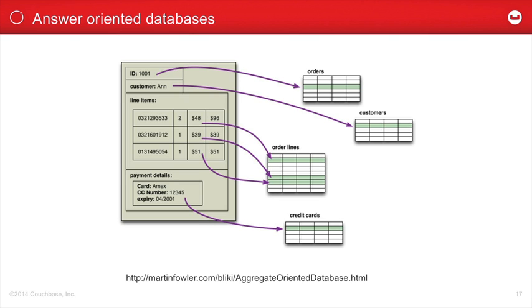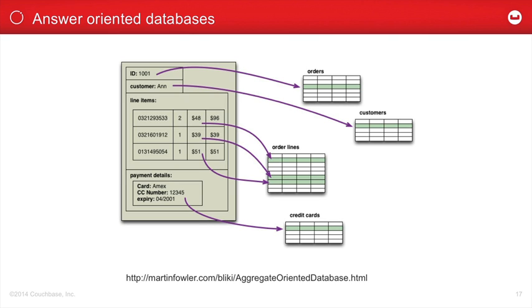Martin Fowler is a consultant at ThoughtWorks, and he's written a lot about NoSQL databases. One thing he says is that when we're dealing with document databases or key value stores, we're dealing in aggregates of data. So here's an order form. Imagine that's a paper order form.